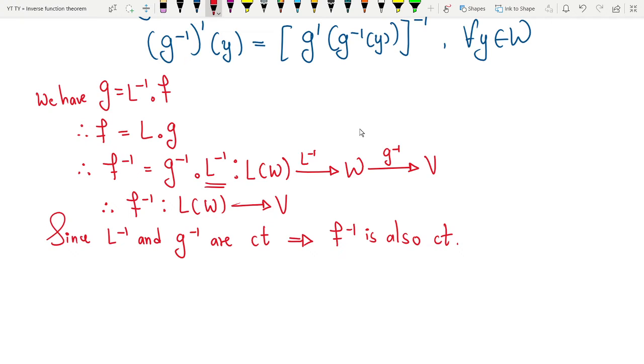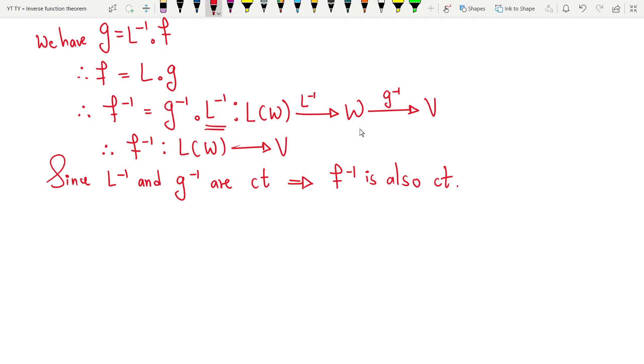Now what is left? Inverse exists, inverse is continuous. We talk about its derivative. Let us just talk about the derivative of this f inverse. So I consider the derivative of f inverse at a point, for example, say x. So what is the same as? f inverse is this: the derivative of g inverse composite L inverse at x.